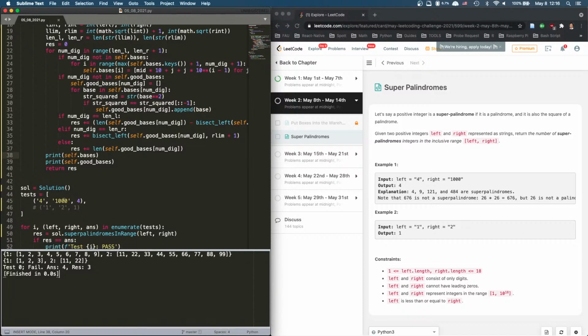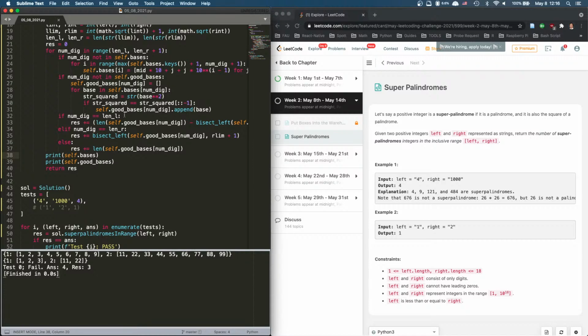This is 1000. 1000 should give us 2 digits. Yeah, so it's 2 digits. So we have 1 digit and 2 digits. All right, and it's init. 1 digit's init, and 1 digit is also init.